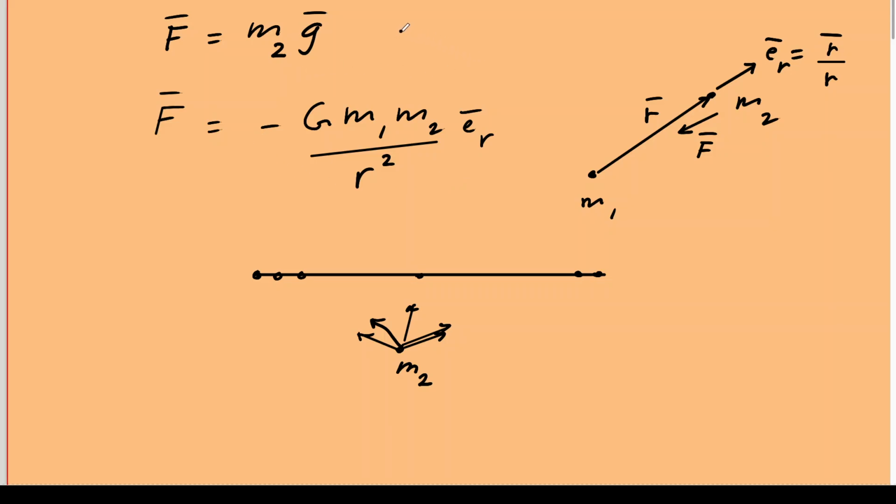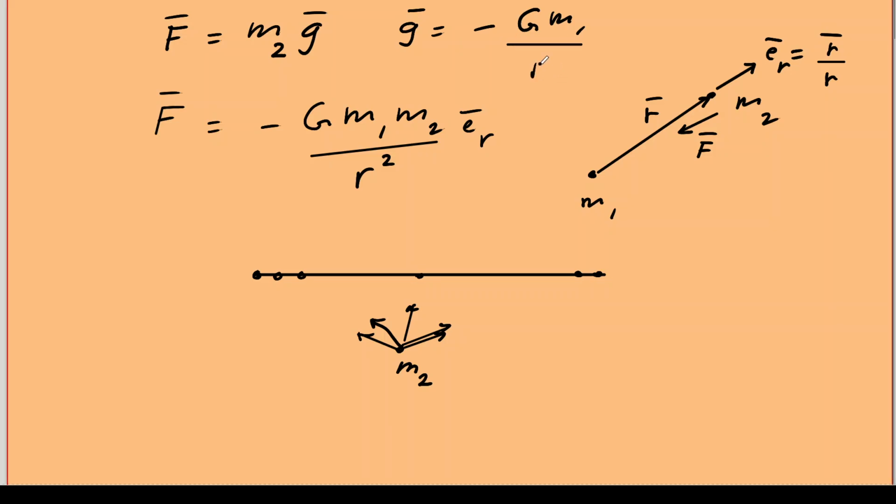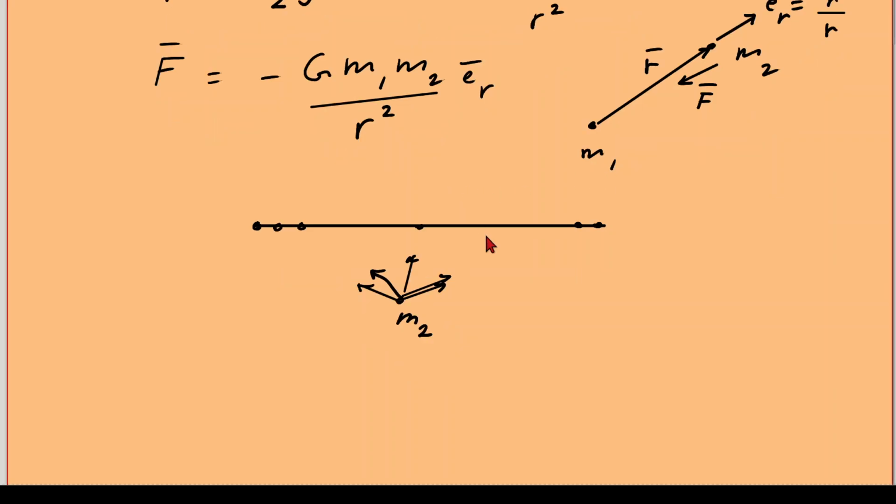So then you see that g equals minus G m1 divided by r squared e_r. So the g field is in the same direction as the force, right? It's also negative here. But the g field is only a field from this particle m1 as a source. So we're going to start with this a little bit in the following problem.